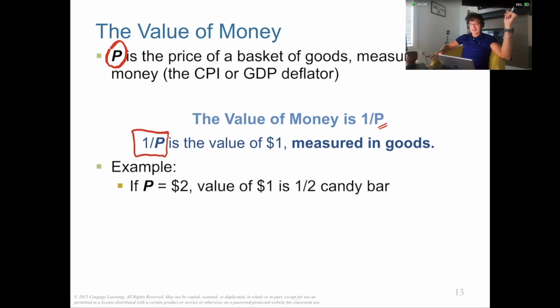As an example, if the price of the basket of goods is $2, the value of $1 is half of that good, in this particular case, a candy bar.